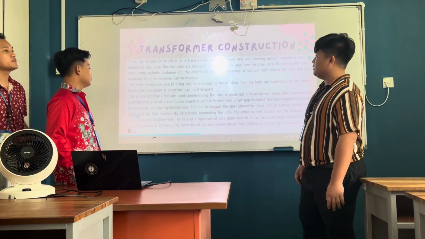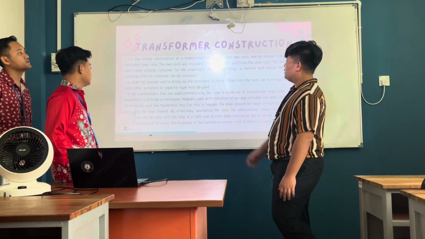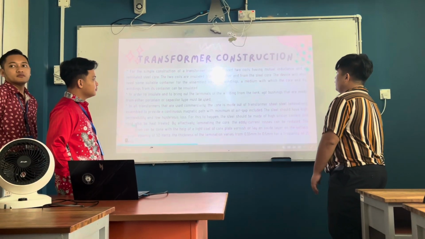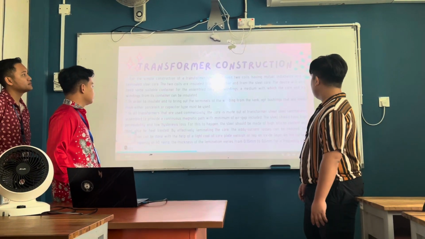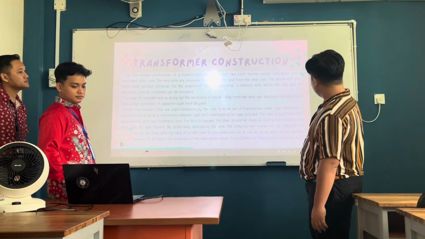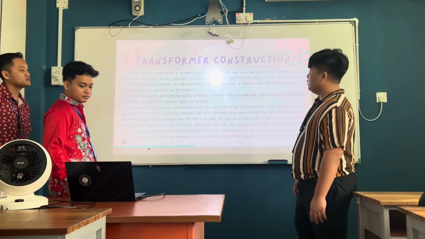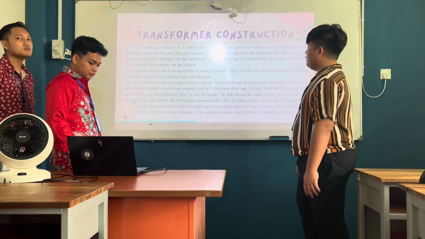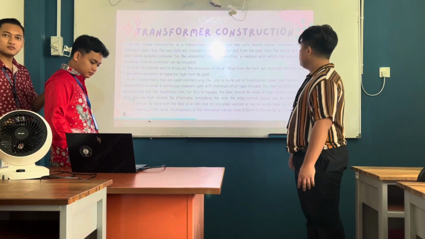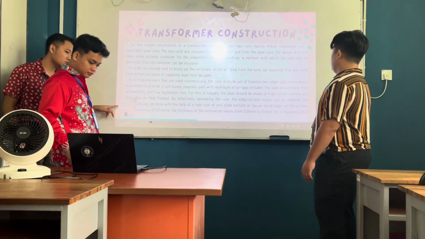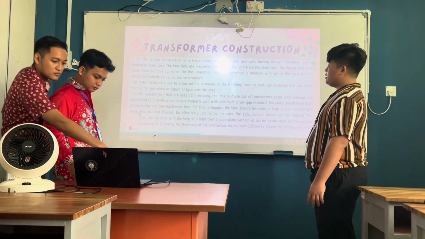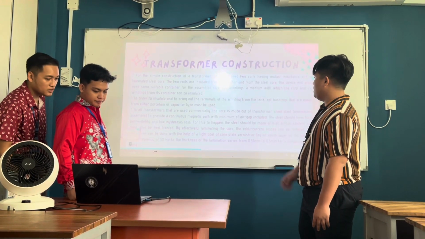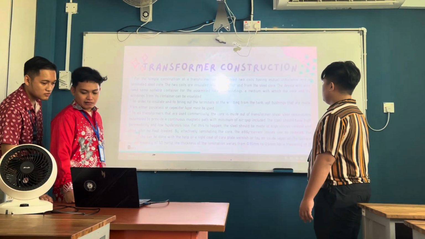Today I want to talk about transformer construction. For the simple construction of a transformer, you need two coils having mutual inductance and a steel core. The two coils are insulated from each other and from the steel core. The device will also need a suitable container for the assembled core and windings.